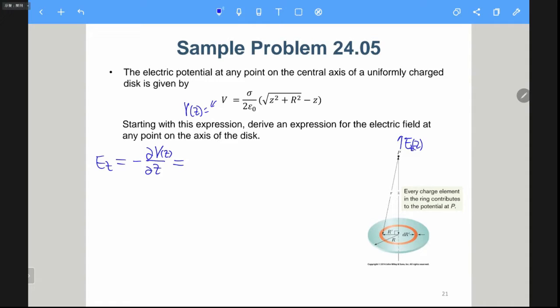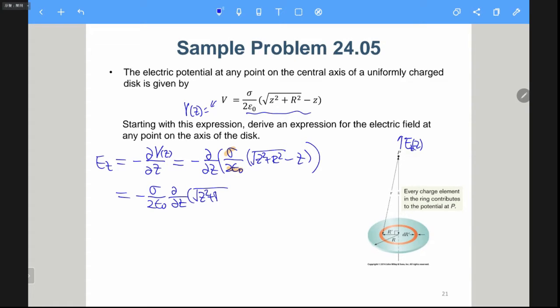So this is nothing but minus partial z of sigma over 2 epsilon naught times the square root of z square plus capital R square, minus z. We just put this expression here, and this term is a constant, so we put it in front, and then we take the derivative of these terms, which is not so difficult.